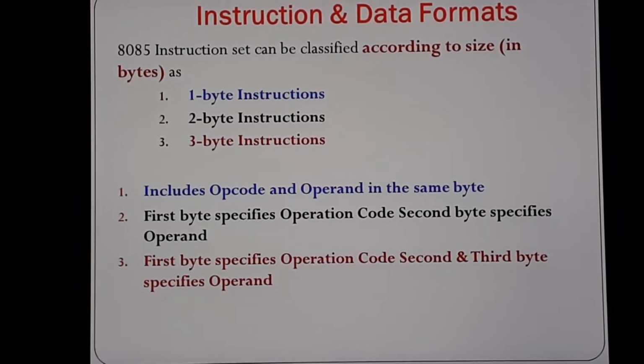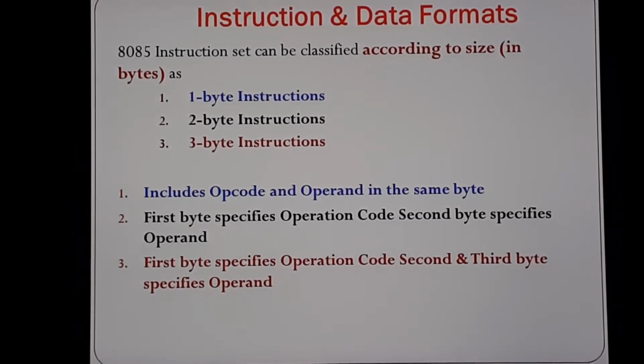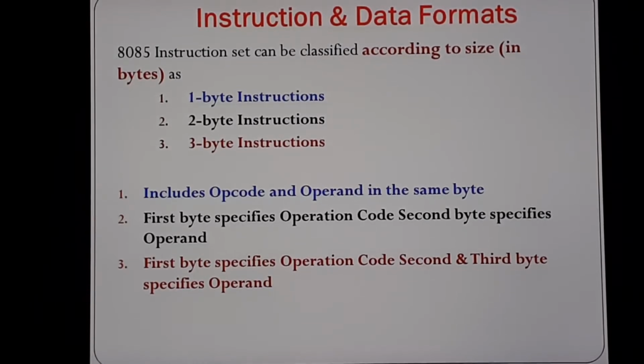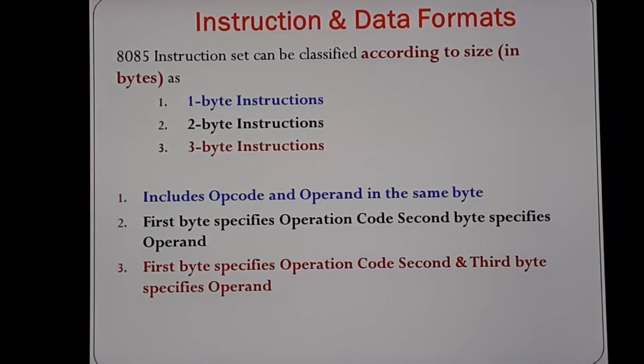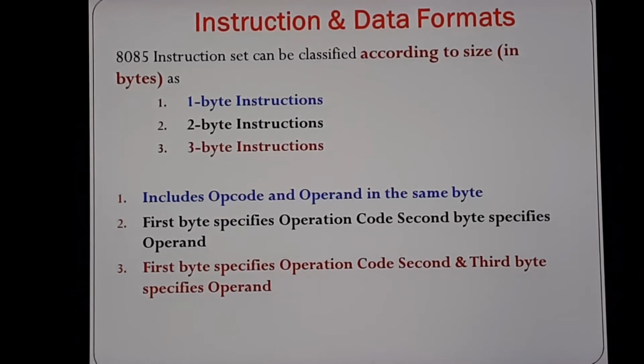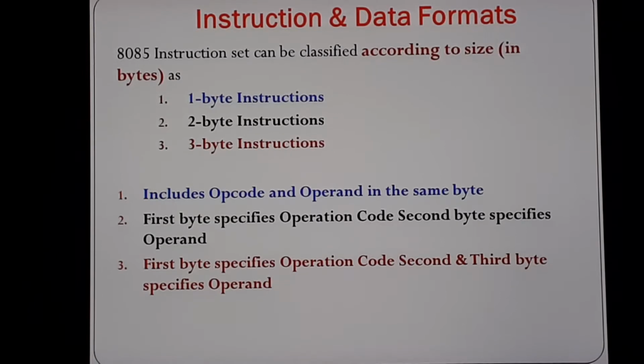We'll see the instructions in this chapter, but before that we need to study the size of those instructions in the form of bytes. Whether that instruction is of 1 byte, 2 byte or 3 byte, that we need to study first. So how do you understand what 1 byte, 2 byte and 3 byte instruction means? Let us see in more detail.